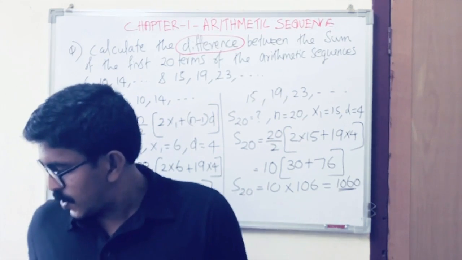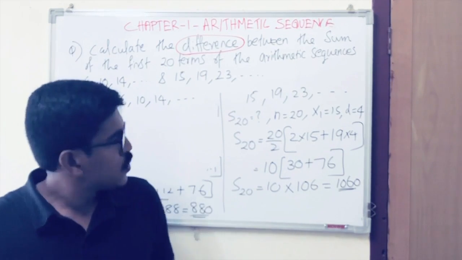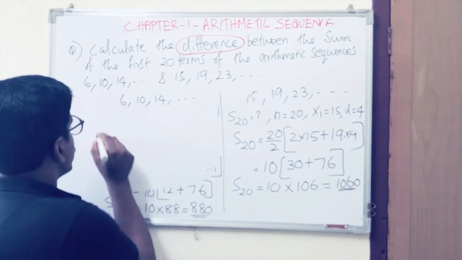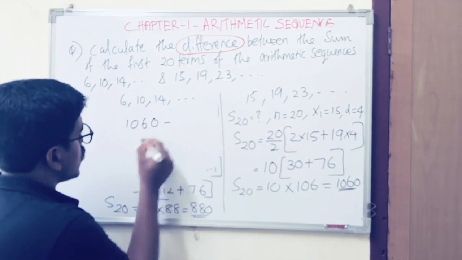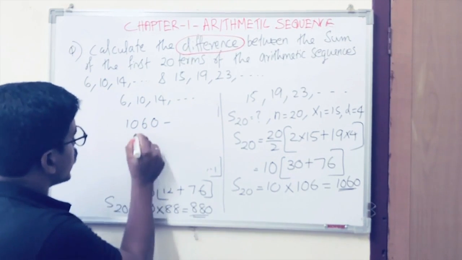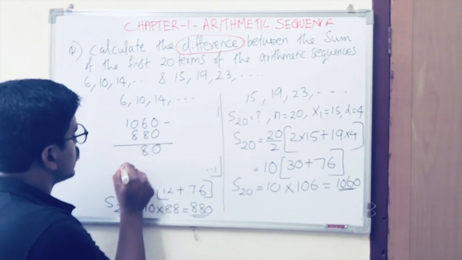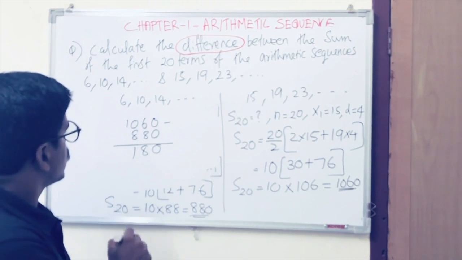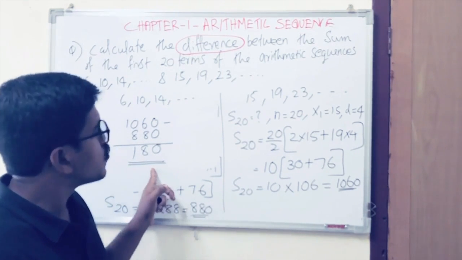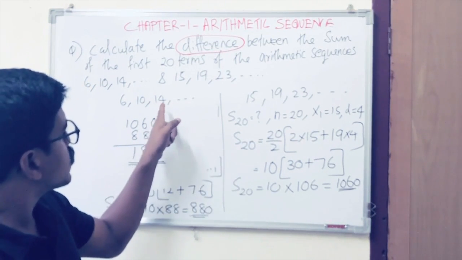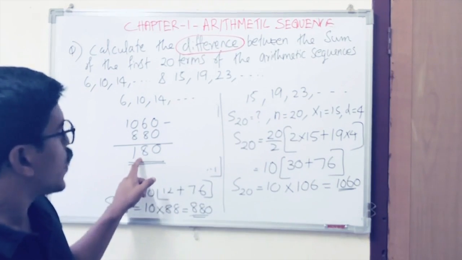Okay, so here S20 is 1060, here the sum is 880. So our answer is 180. The difference between the sum of the first 20 terms of this sequence and the sum of this sequence is 180.